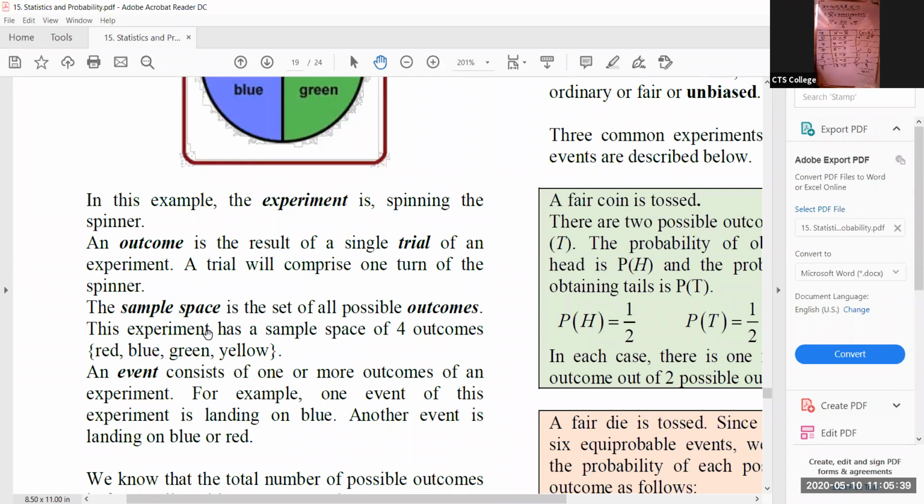The experiment has a sample space of 4 outcomes. It can be either red, blue, green, or yellow. And an event consists of one or more outcomes of an experiment. So for example, one event of this experiment is landing on blue, another event is landing on blue or red.